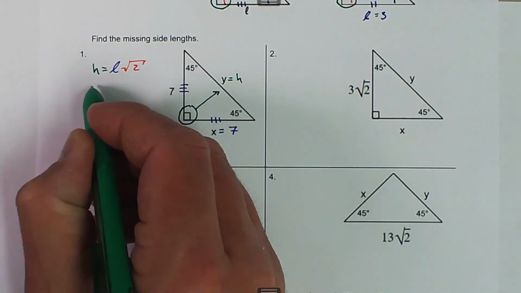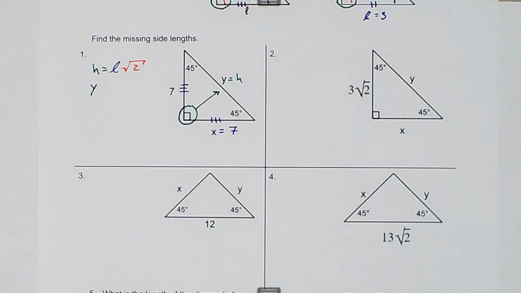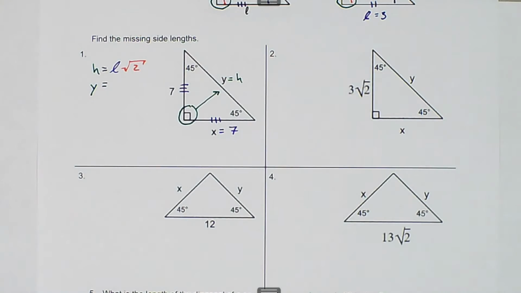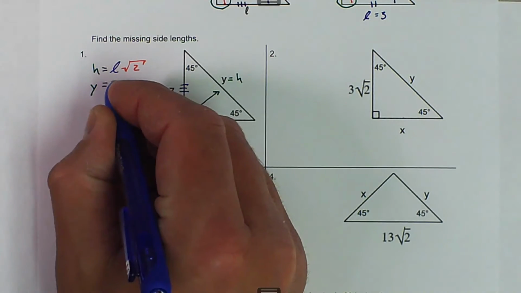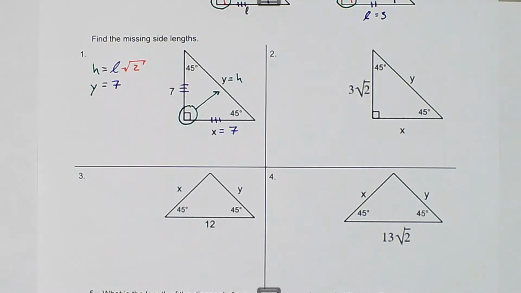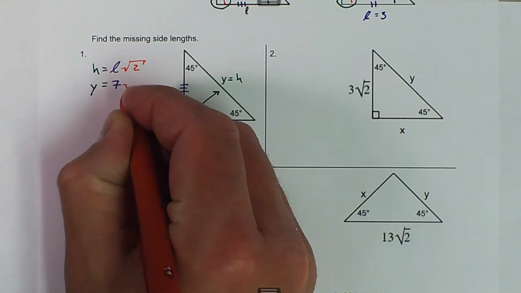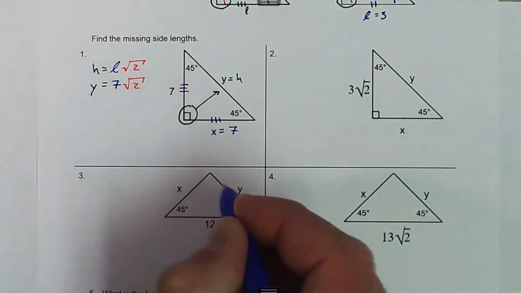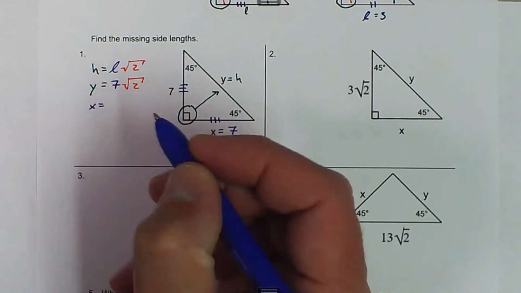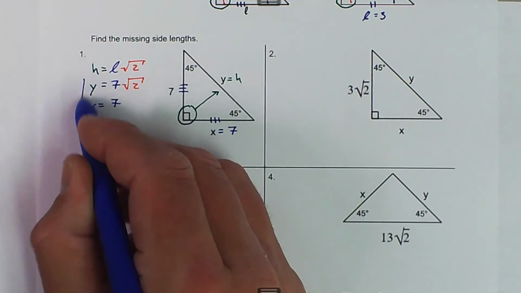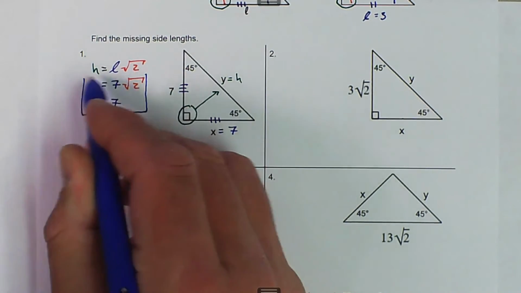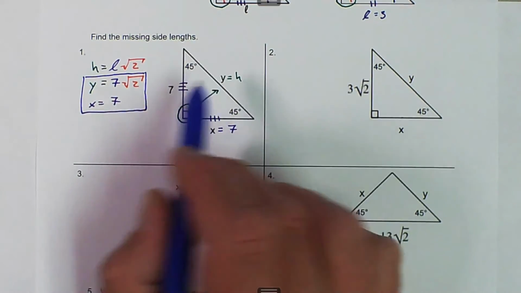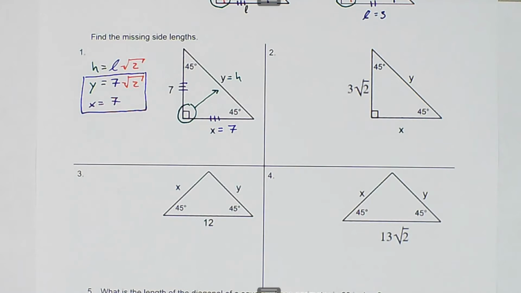Our hypotenuse is y. Our leg is 7. And the square root of 2 is just that, the square root of 2. And our x value, we've already decided x is 7. So here are our two solutions. X is equal to 7. Y is equal to 7 times the square root of 2.